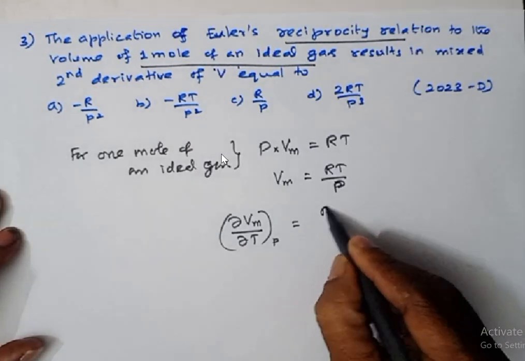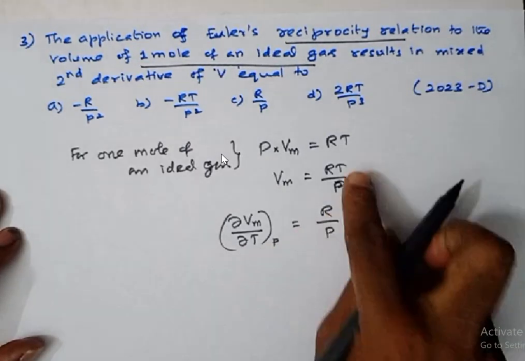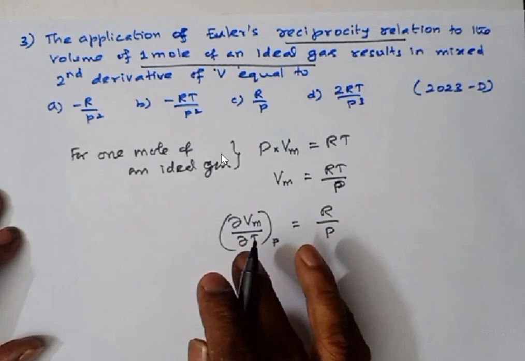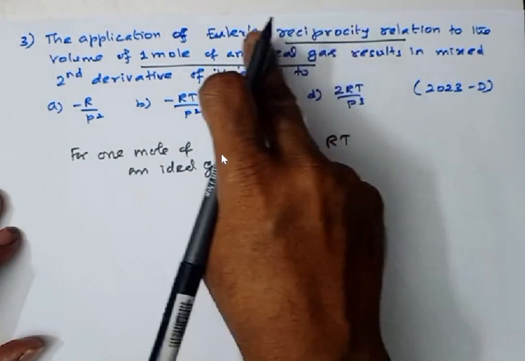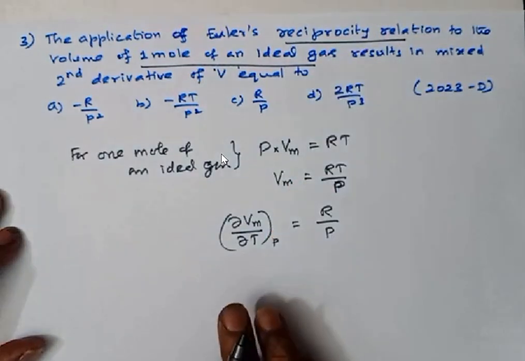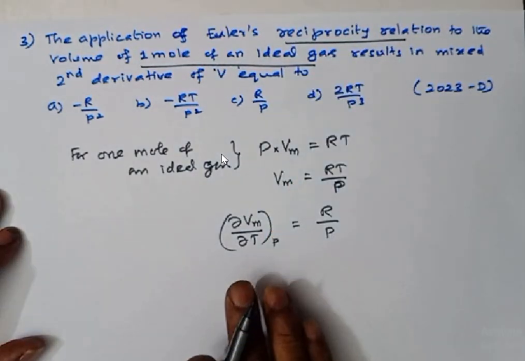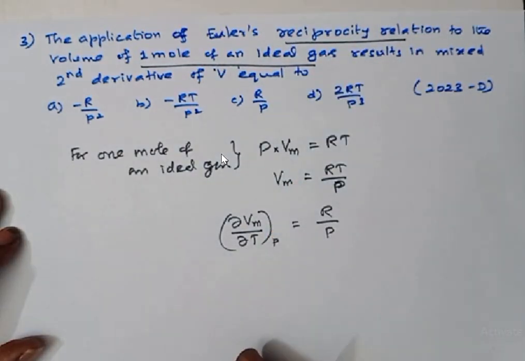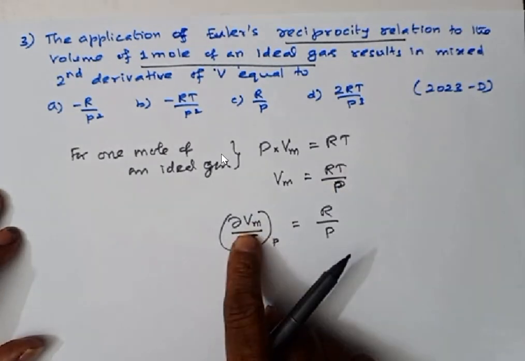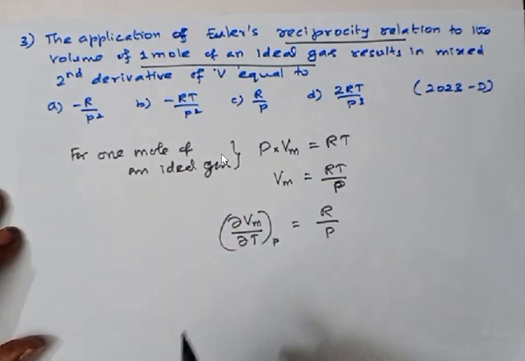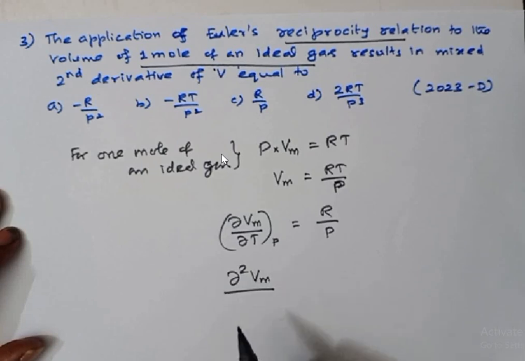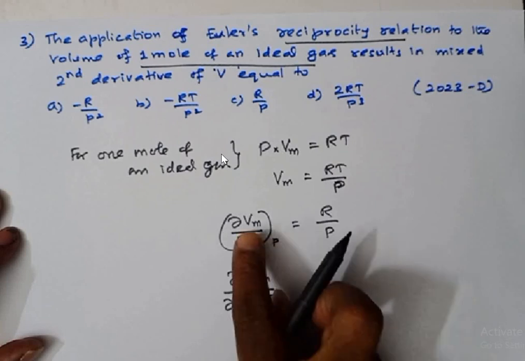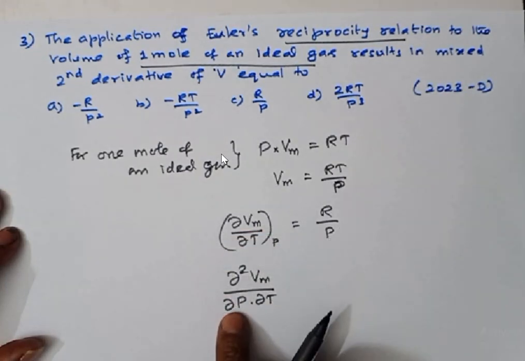So what we get is R by P. According to Euler's reciprocity, you have to cross differentiate with the two variables. I have differentiated with temperature. Now I'm going to differentiate with pressure, so we get the second derivative, dou square Vm by dou P dou T.